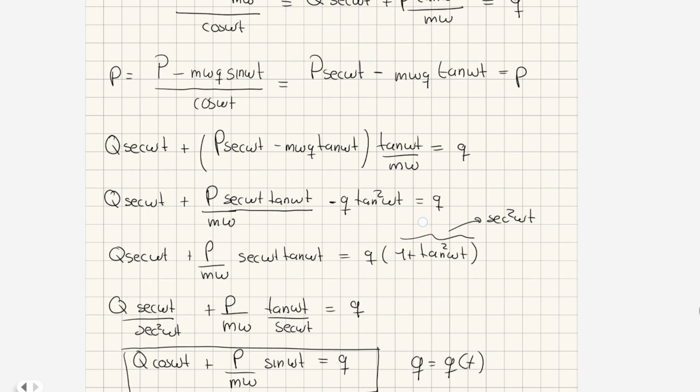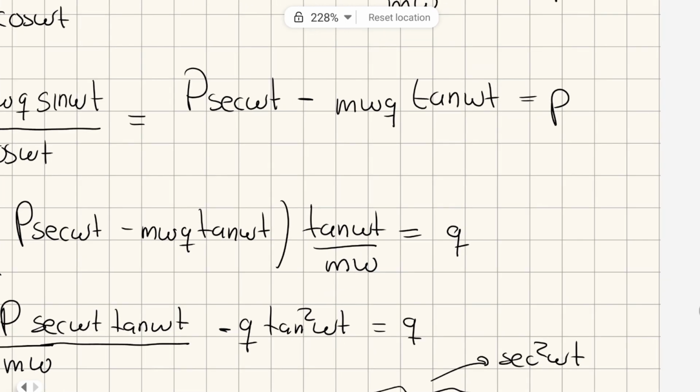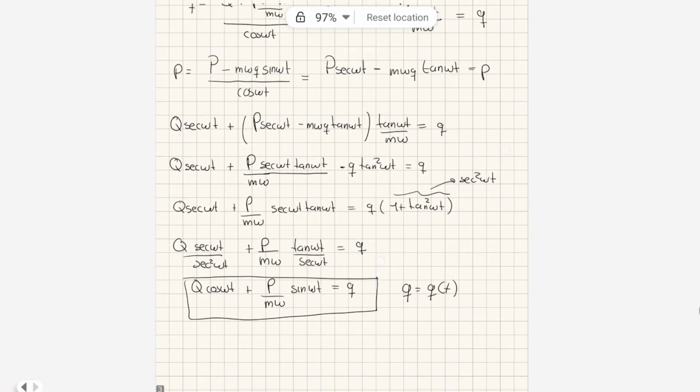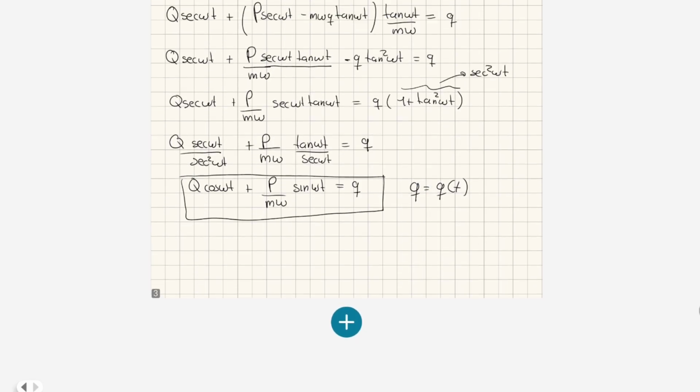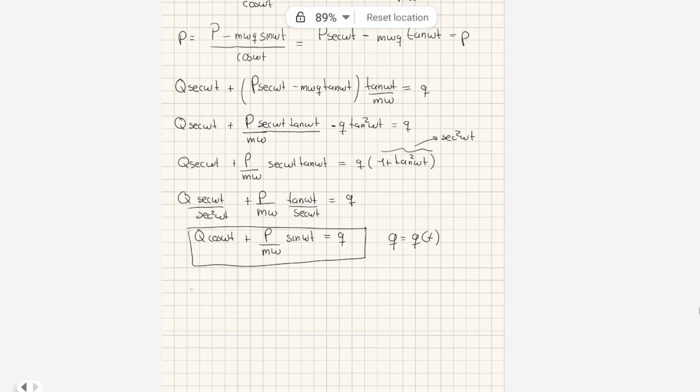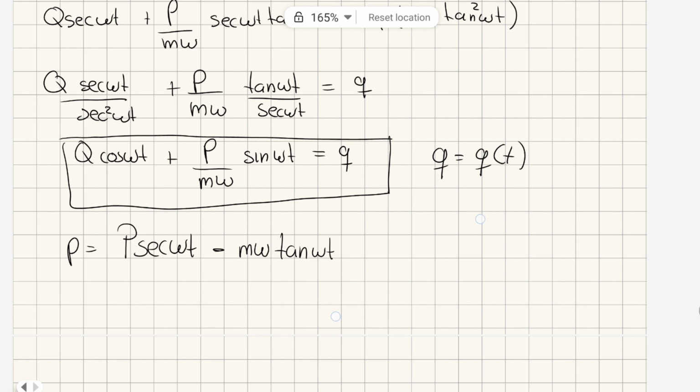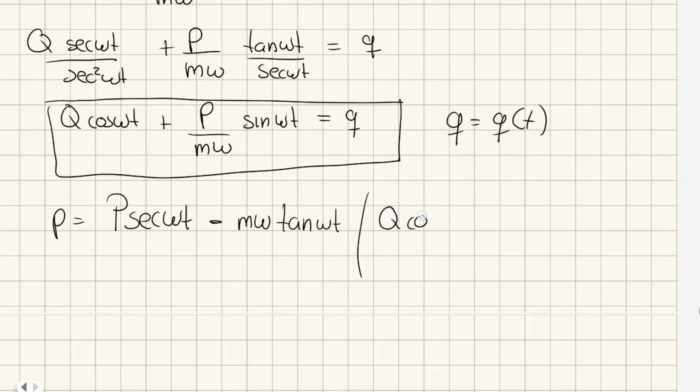Perfect. So if we remember, here we have the little p in terms of the P and the q, and now that we have the q, we are able to find the little p. So we are going to take this equation and we are going to replace the value of the q. So we get that little p is equal to upper P secant omega t minus m omega, let me write the tangent here, and then the q. The q is going to be Q cosine omega t plus upper P divided by m omega sine omega t, like this.